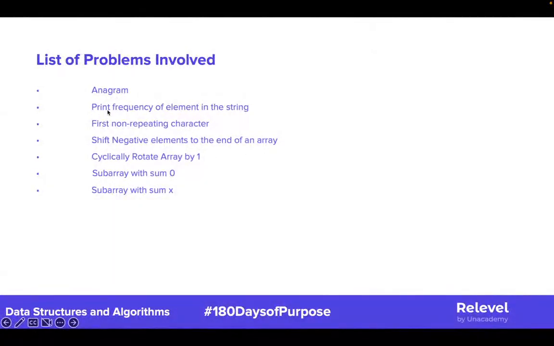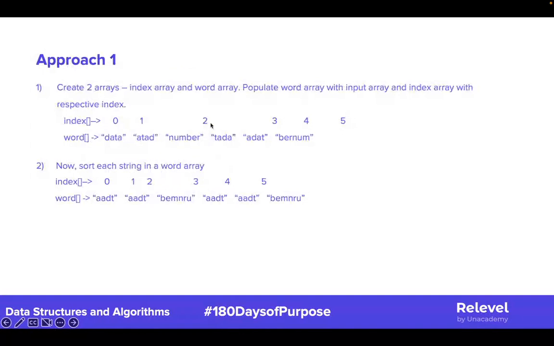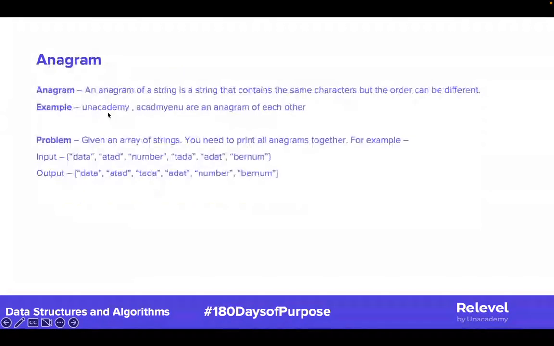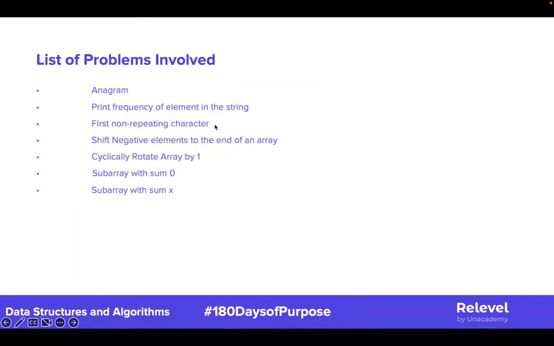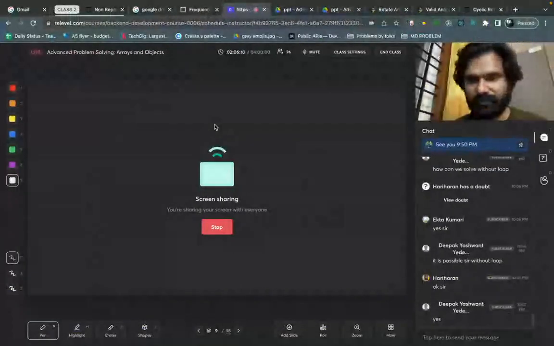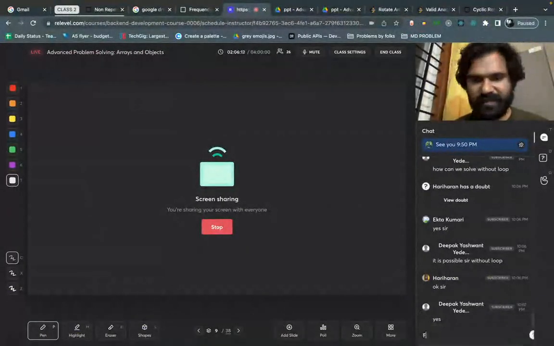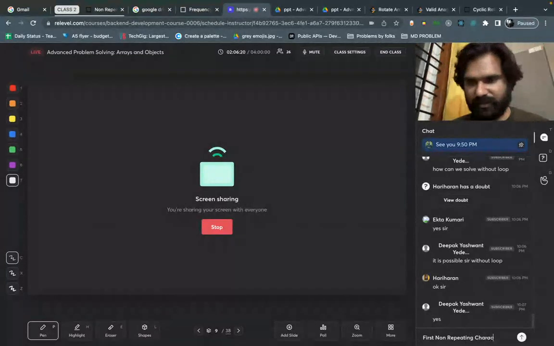We have solved anagram. We have solved print frequency of element in the string. Now we are going to solve first non-repeating character. So the program is first non-repeating character in string.